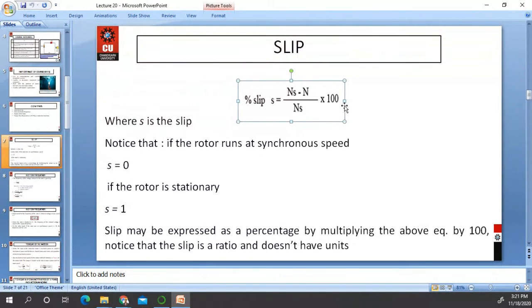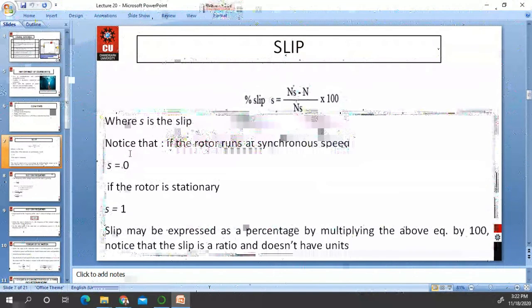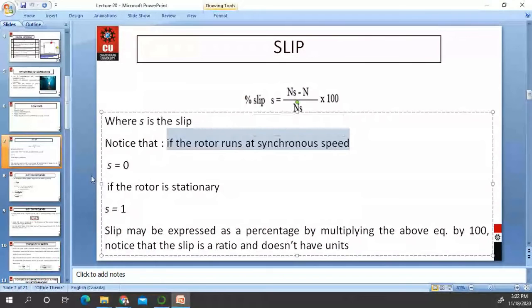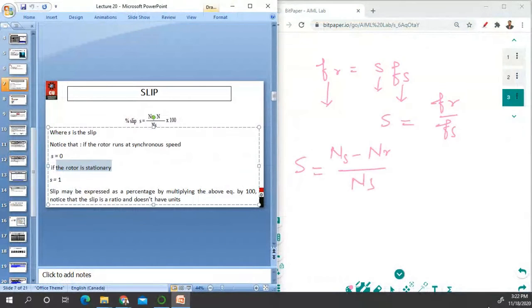Till now, have you understood? If the rotor runs at synchronous speed, then S is equal to 0. If the rotor is stationary, then S is equal to 1. So this expression is very useful right here.